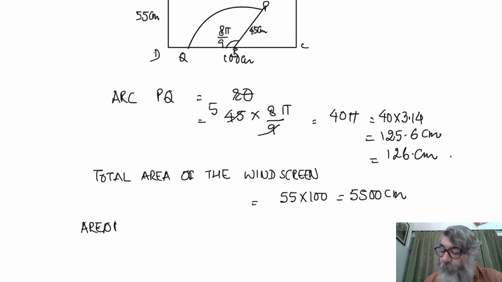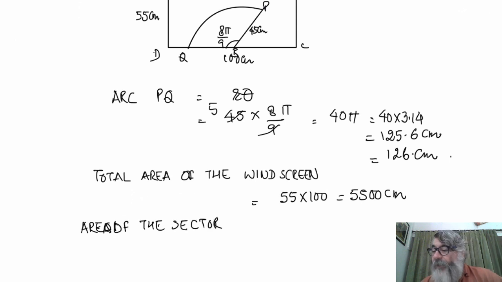Area of the sector. Which is the sector? You know what sector will be. This is the sector. PQR is the sector, which will be half R square into theta.